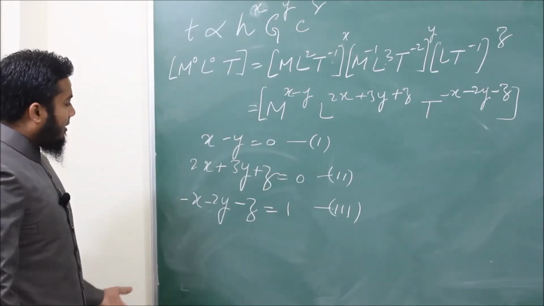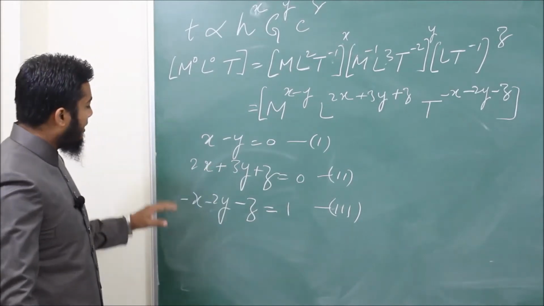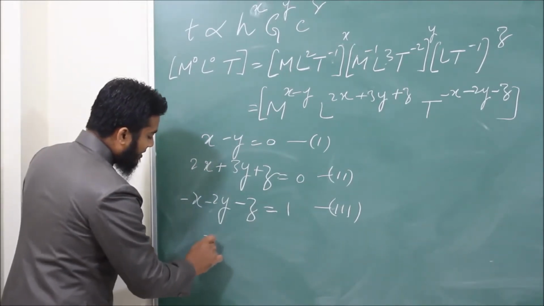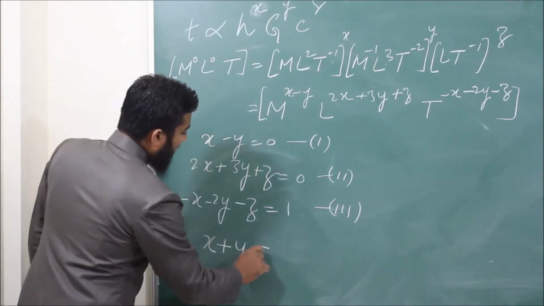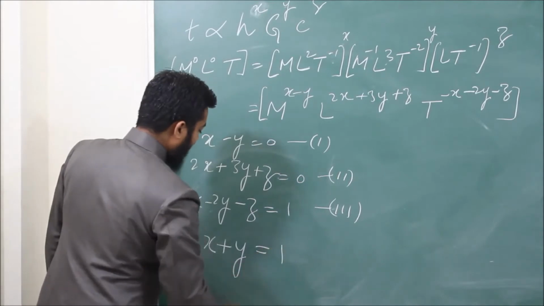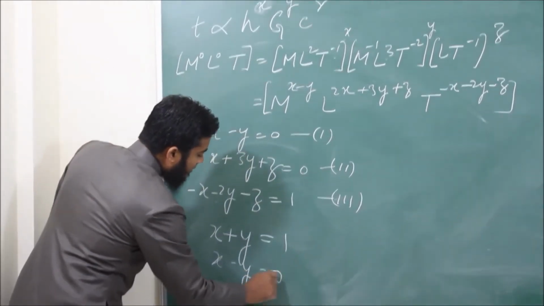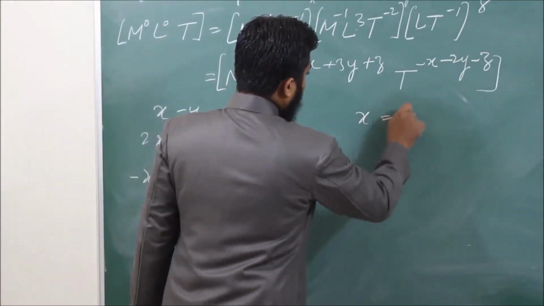Again, the same pattern appears. If you add equation 2 and equation 3, z will be eliminated. So 2x minus x is just x, and 3y minus 2y is just y, which is equal to 1. Now we have equation 1, x minus y is equal to 0. From here you find the value of x as half.